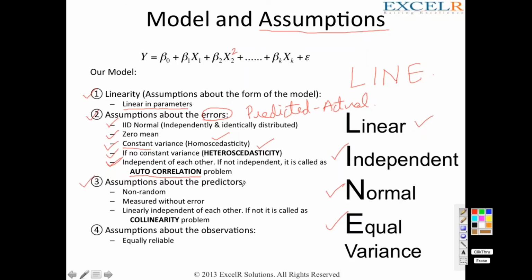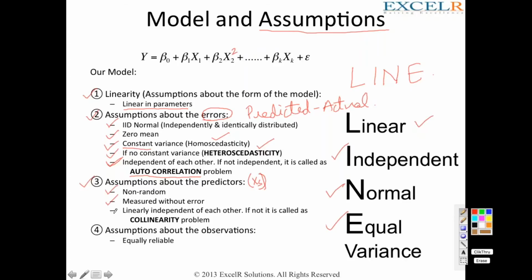And assumptions about the predictors. Predictors are what? Inputs. They should be non-random, meaning you should have determined your historical data upfront. Non-random means historical data is decided upfront. You have the data with you. And measured without error: we are assuming that there is no data entry error, or the measurement system is reliable when you have collected the data of inputs.